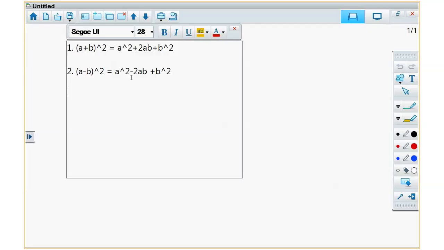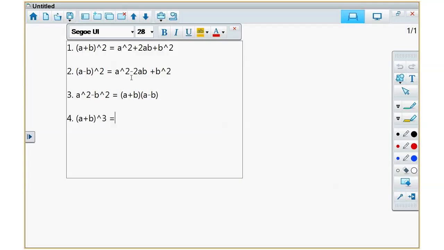The third one you see a lot of is A squared minus B squared, which is equal to A plus B times A minus B. Fourth one is A plus B to the third power, which we don't see a lot.